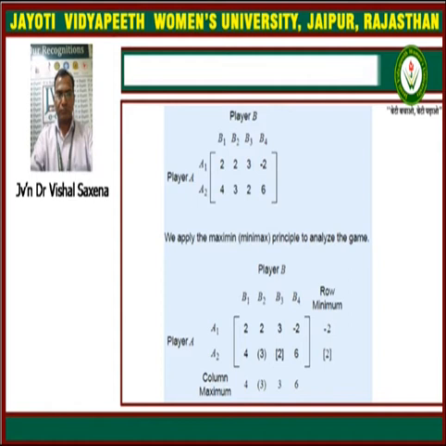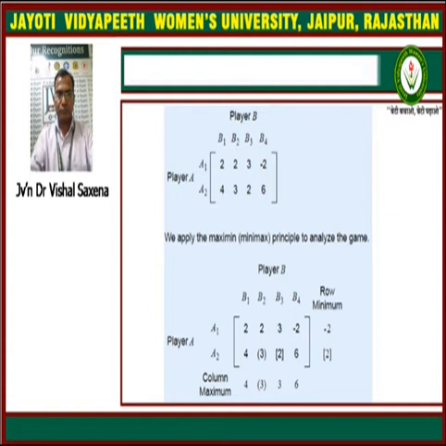Next we have to find the maximum value of the row minimum values. The maximum of the row minimum values is called the maximin value, while next we have to find the minimum value from the column maximum values, and that is known as the minimax value.